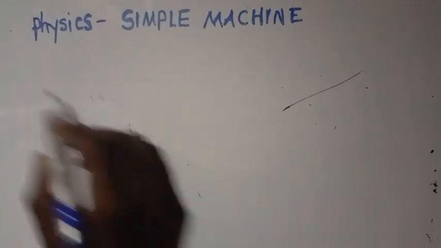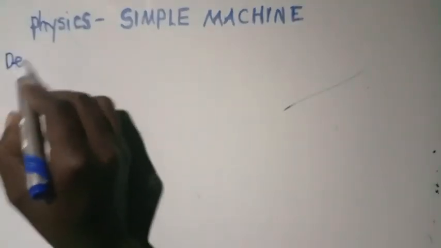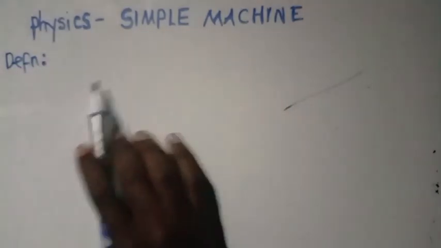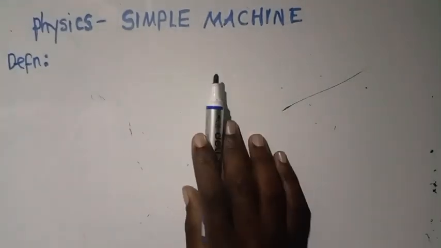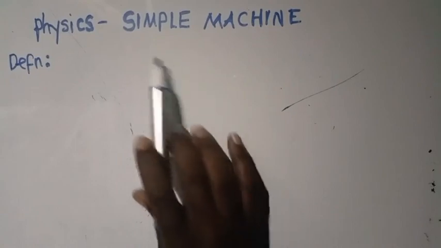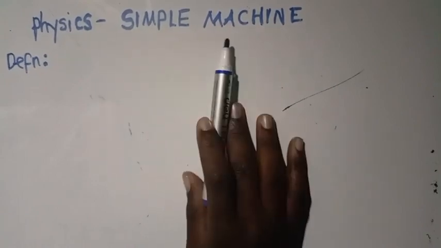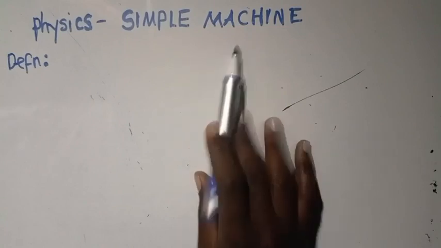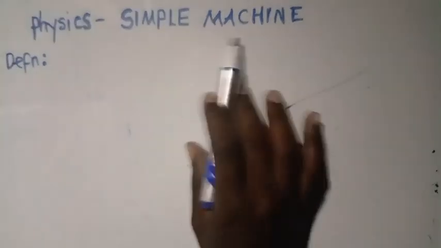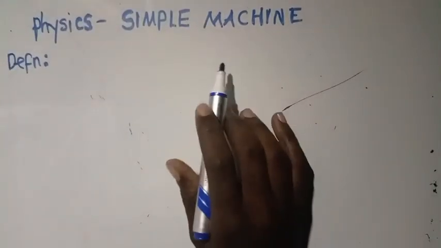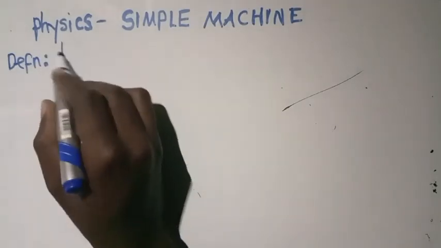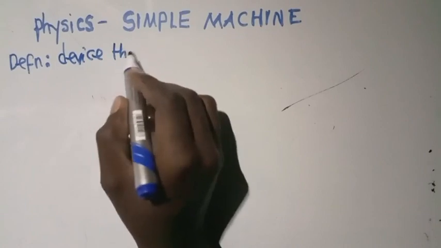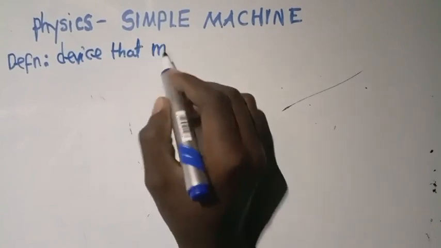The first thing that you need to know is a definition. What is the definition of a simple machine? What is this same thing we are calling simple machine? You need to know what a simple machine is. A simple machine is just a device.